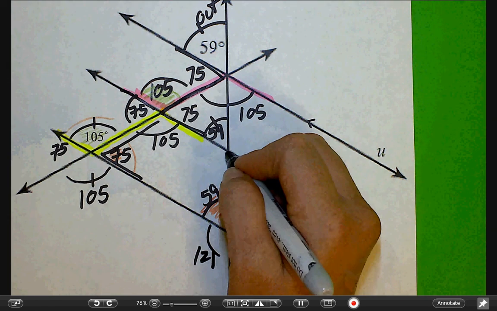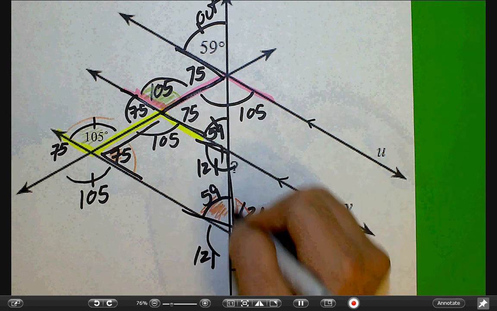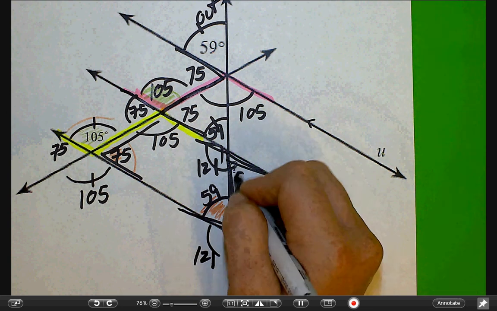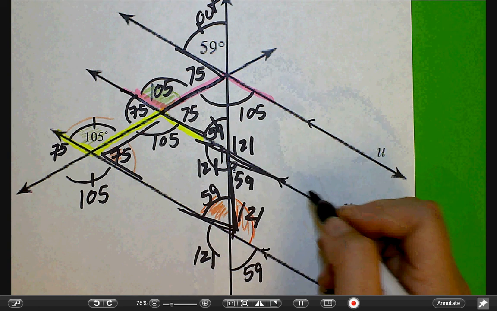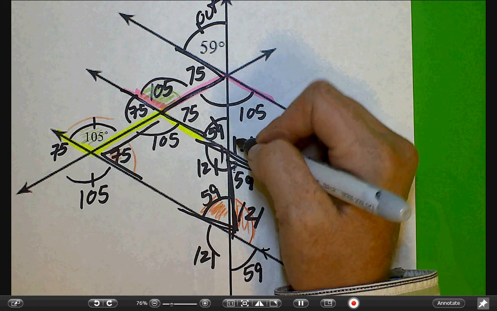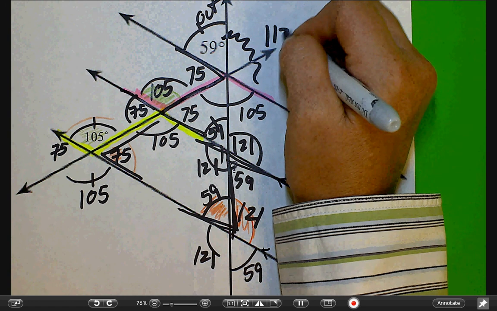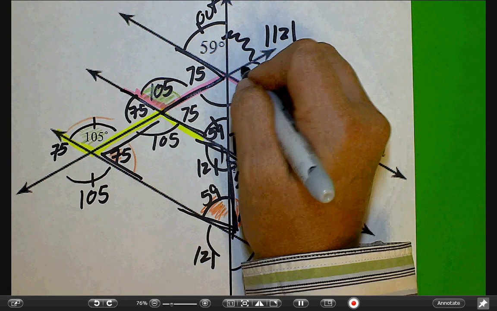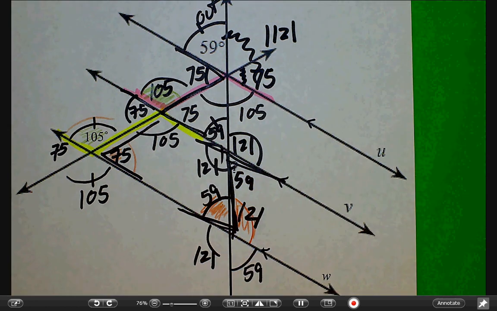Ready? Armpits of the Z. That's 121. Going this way, armpits of the Z, 59. You see the pattern here? 121. That means from here to here also has to be 121. Vertical angle 75. So you can see the minute you have parallel lines, you got a mess of information.